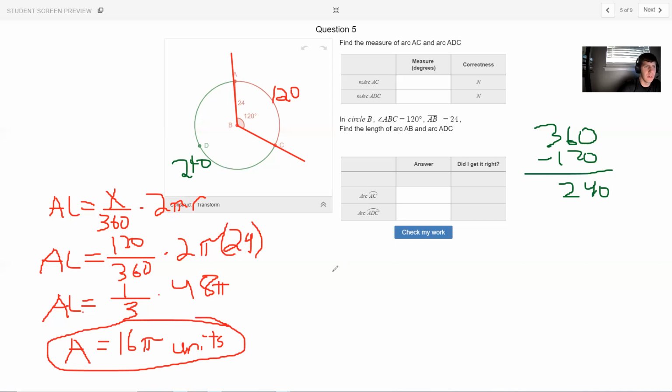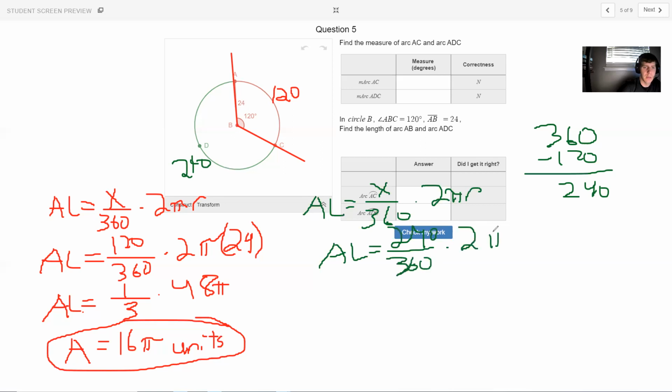The measure of the green arc there is 240, so we're going to do arc length equals x over 360 times 2 pi r. So the measure of this arc is 240 over 360 times 2 times pi.